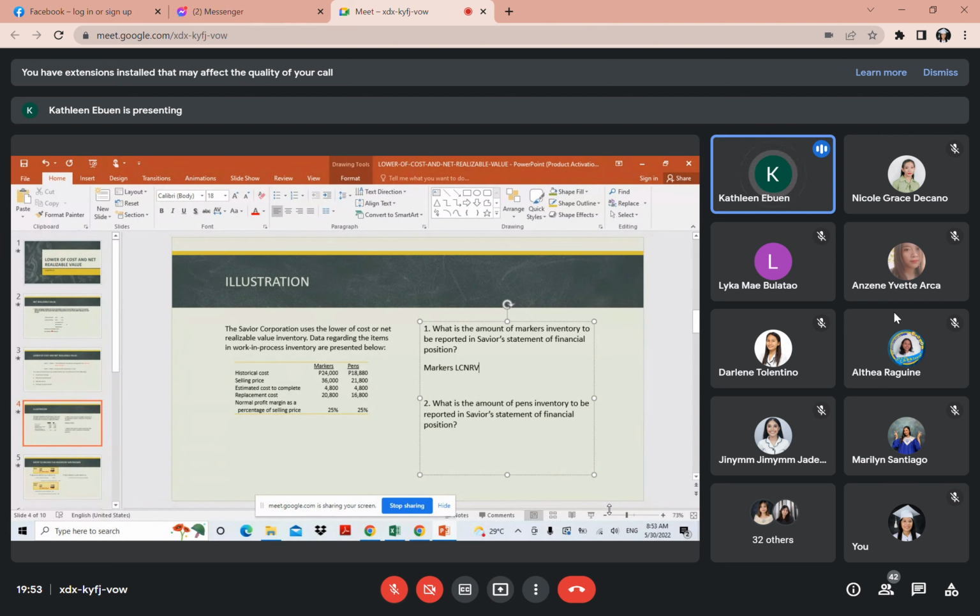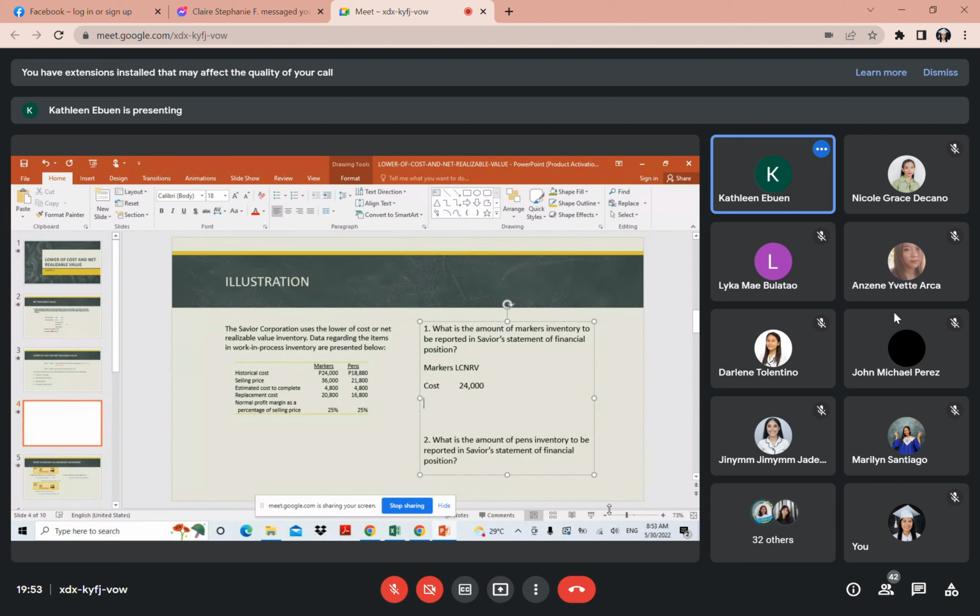Magkano natin i-record si markers inventory? 24,000 po. The answer is 24,000. So we have the cost of 24,000 and ang kanyang net realizable value. Okay, we have the selling price of 36,000 less estimated cost to complete.